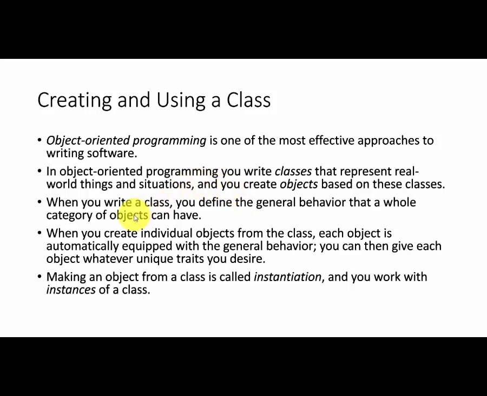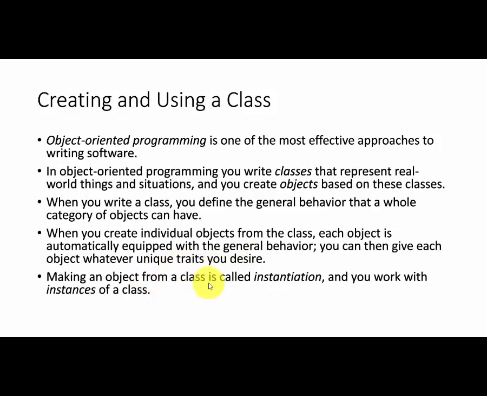A class, same as your Java class, will have a state and behavior. It will contain the behavior that a whole category of objects can have. You can create individual objects from a class, and each object is equipped with general behavior. Then you can give each object whatever unique traits you desire.